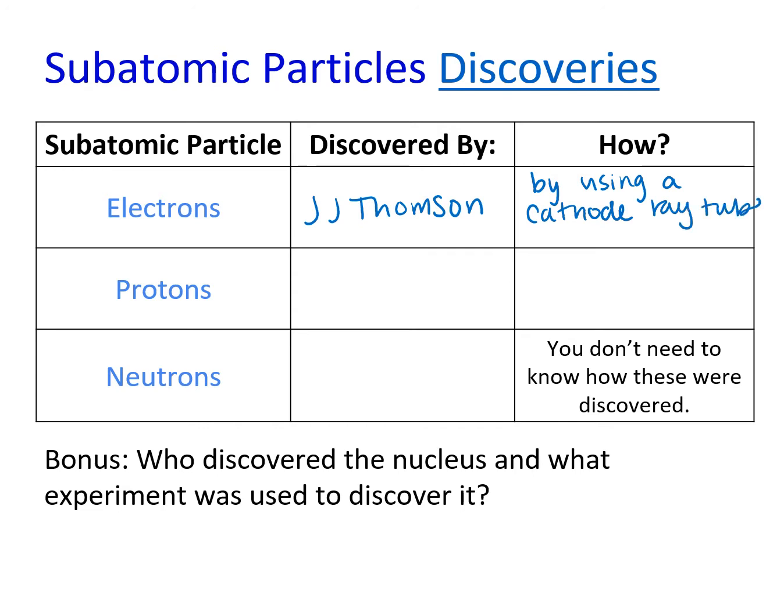What the cathode ray tube is, is a beam of particles that are fired between two electrodes. One is a cathode and the other is an anode. That beam of particles is kept inside of a vacuum tube. And what J.J. Thomson did is he introduced a magnetic field to that beam of particles.